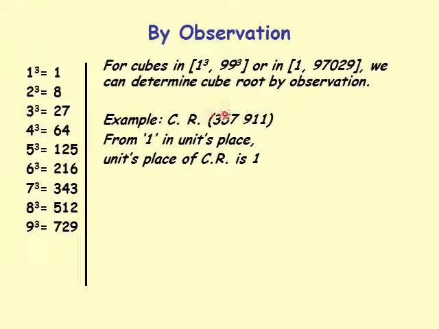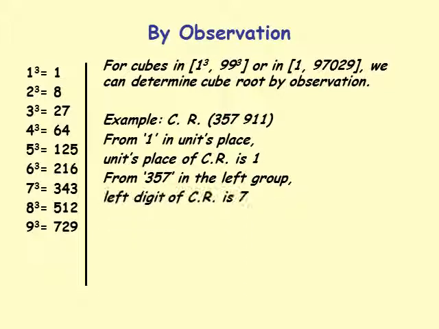So the tens place digit of the cube root is 7. So the cube root of 357,911 is 71.